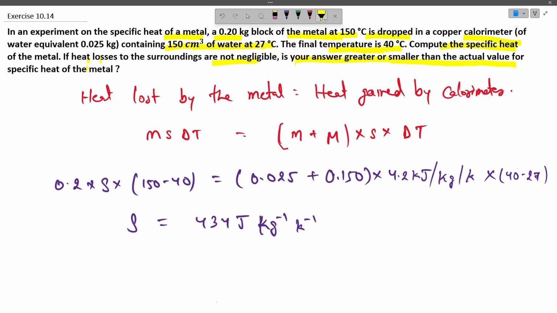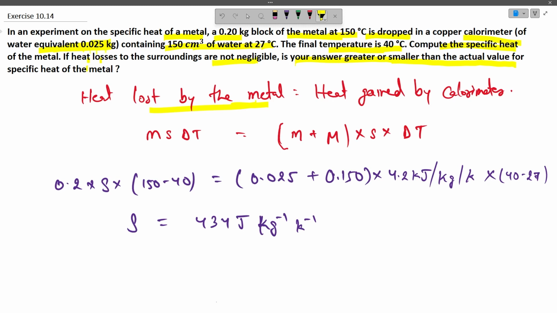So here we see that the metal is dropped in the calorimeter. The heat lost by the metal would be consumed by the calorimeter. In this calorimeter we have a water equivalent, a fluid that will behave thermally equal to water, of 0.025 kg.